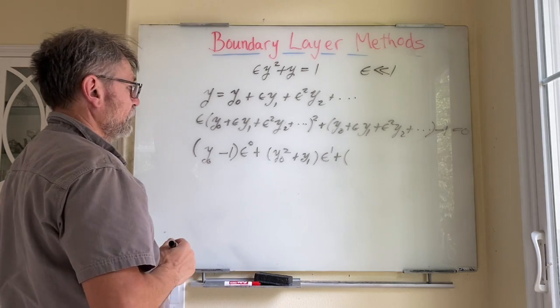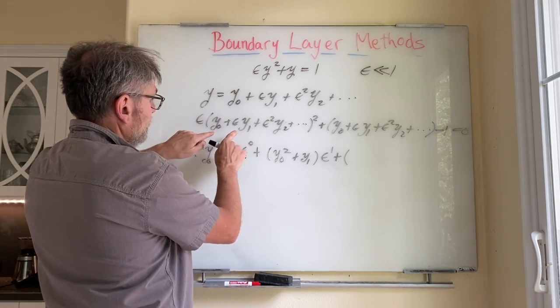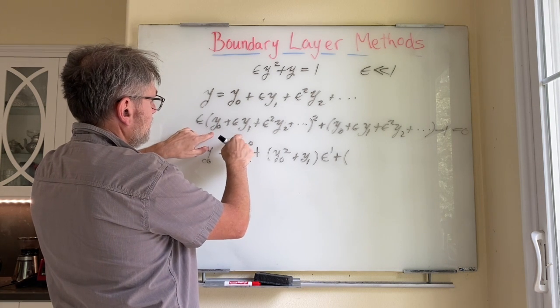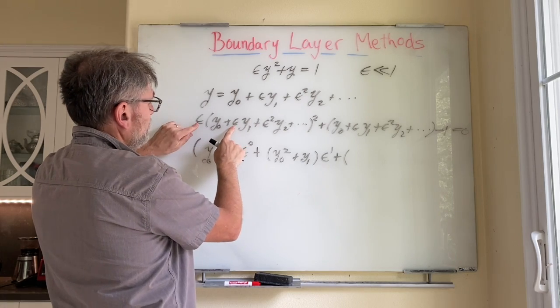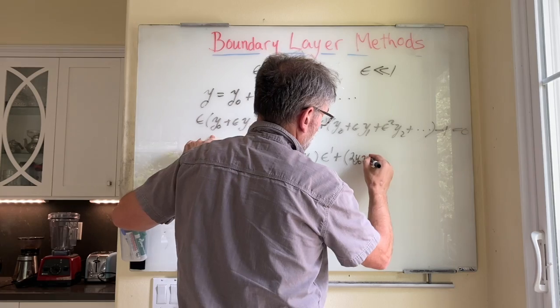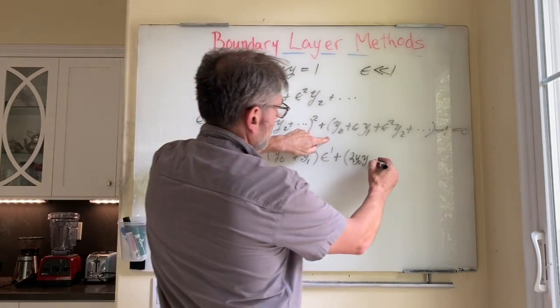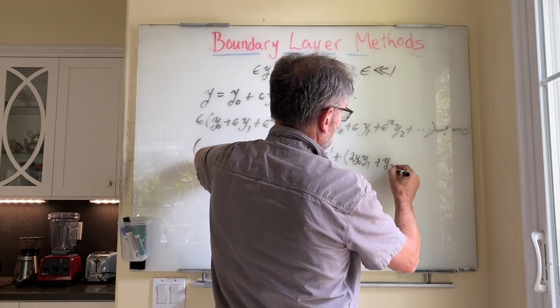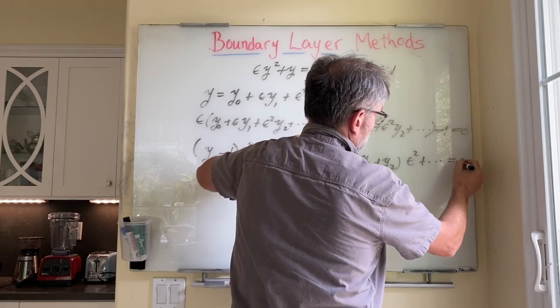Now we collect the coefficients of epsilon squared. In the first term we have the cross terms: a factor of epsilon multiplied by this epsilon gives an epsilon squared. So there'll be 2 y naught y1 from the cross term, then plus y2 epsilon squared plus, and we can keep going, equals 0.